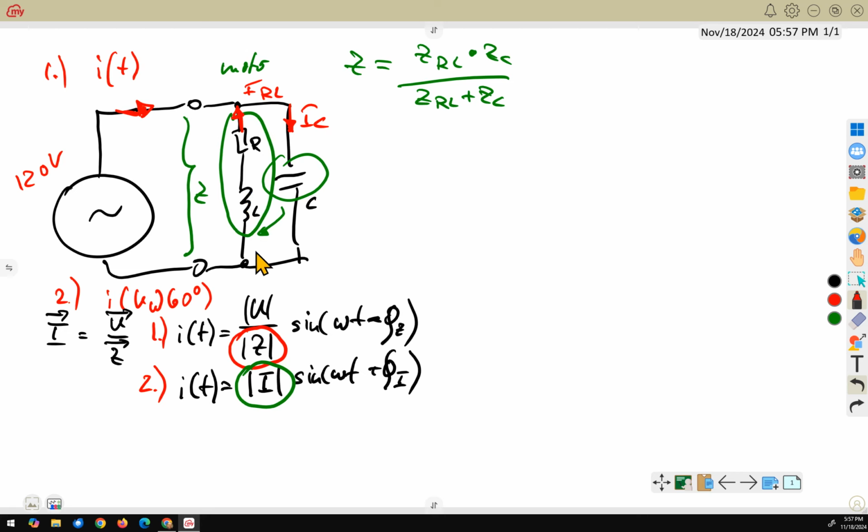And on the capacitor, it leads by 90 degrees. Therefore, the currents have different directions. One cross-check already: the sum must be smaller because the directions are different. They cancel each other out, so the sum of the current must be smaller than the maximum of either of these branches. Okay, let's go with option number two.